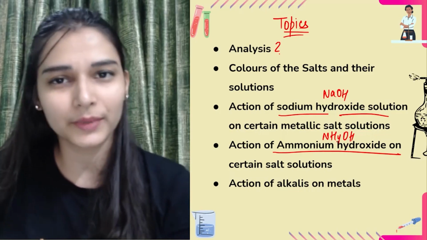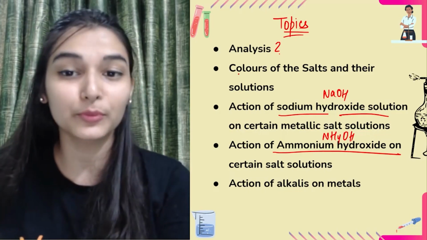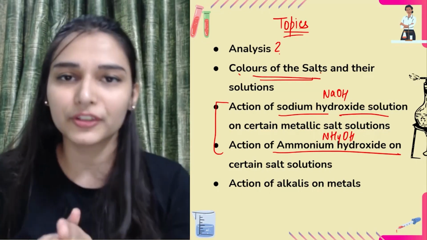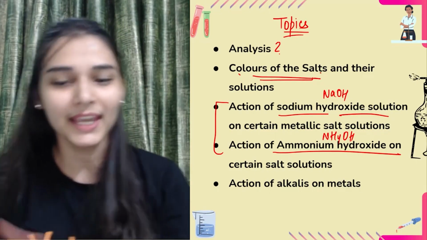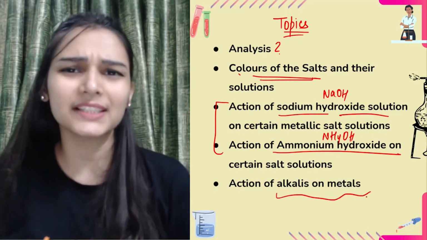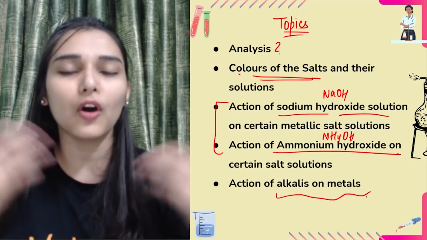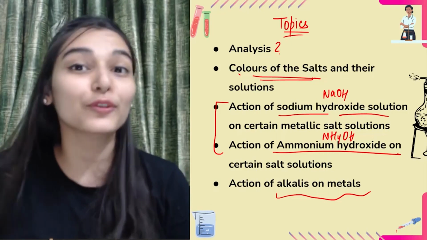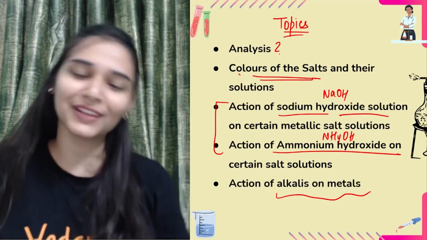Why are we doing this? We will understand each and everything, but before this portion you should be aware of the color of the salts and the solutions. And actions of alkalis on metals is a very small topic because not all the metals are going to react with alkalis. Obviously only the amphoteric ones do. So we have a trick for that also.